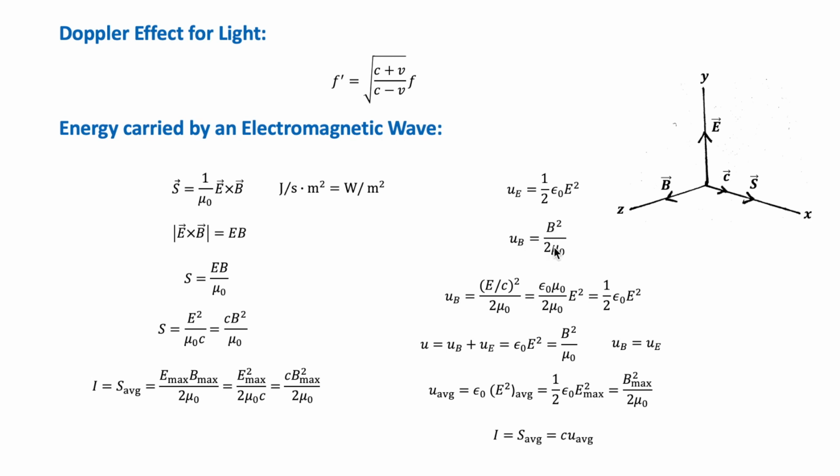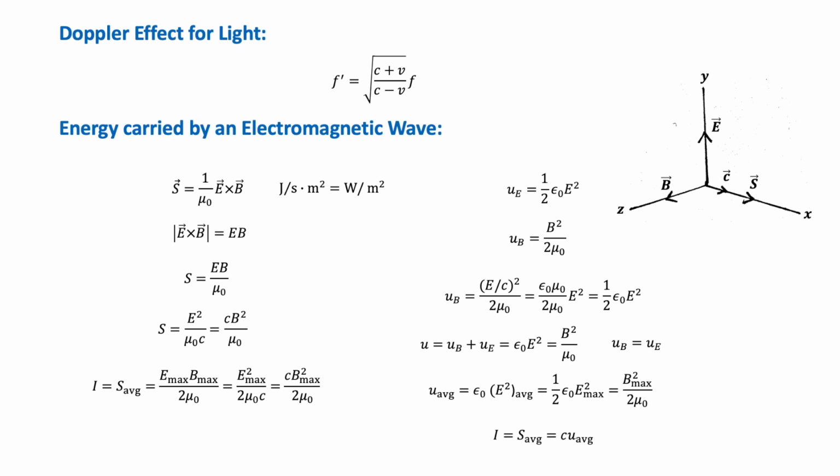And since both E and B vary with time for an electromagnetic wave, UE and UB also vary with time. If we use the relation E over B is equal to c, and c equal to 1 over square root epsilon naught mu naught, we substitute here and we get this expression for UB, which shows that UB is equal to UE.